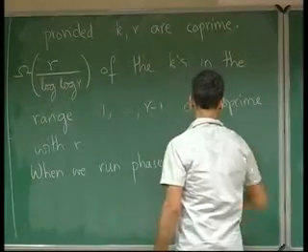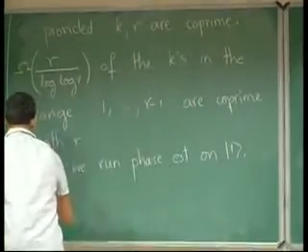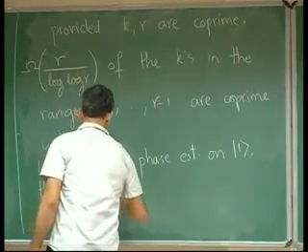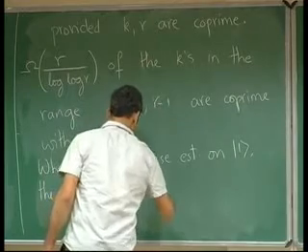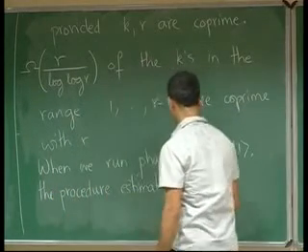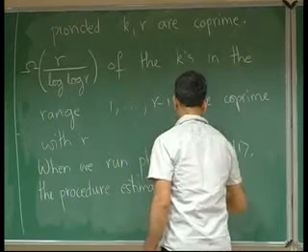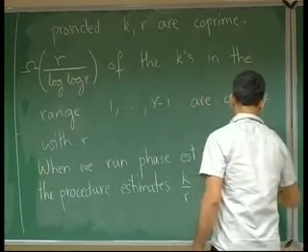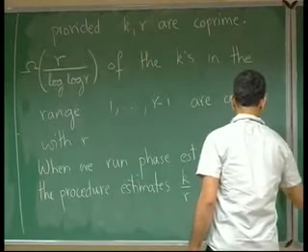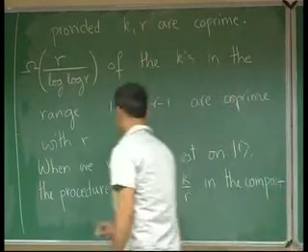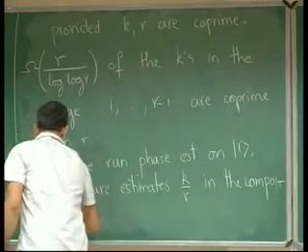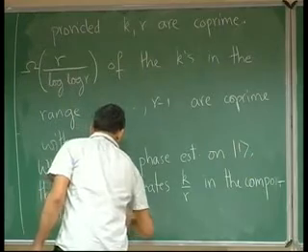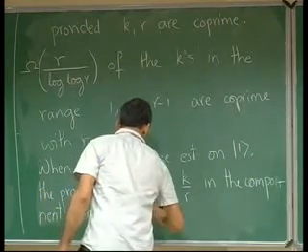On the state 1, the procedure estimates or outputs k over r in the component containing C sub k.